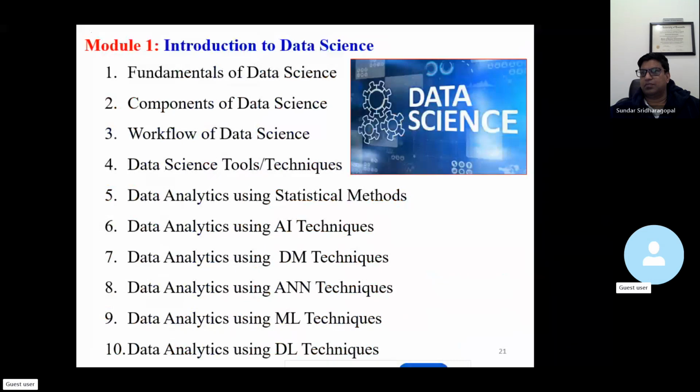Then, in order to analyze data analytics using data mining techniques, like classification techniques, clustering techniques, association rule mining techniques, and outlier detection.